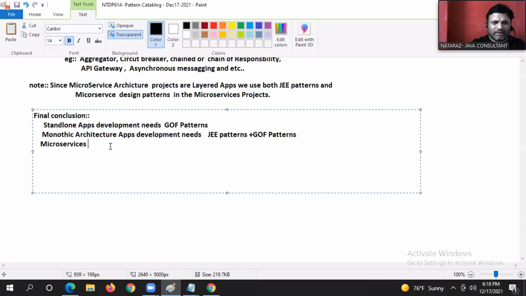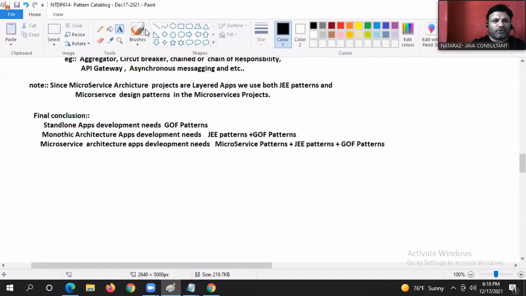Microservice architecture application development needs microservices patterns plus JWE patterns plus gang of 4 patterns. I think you got clarity, guys.